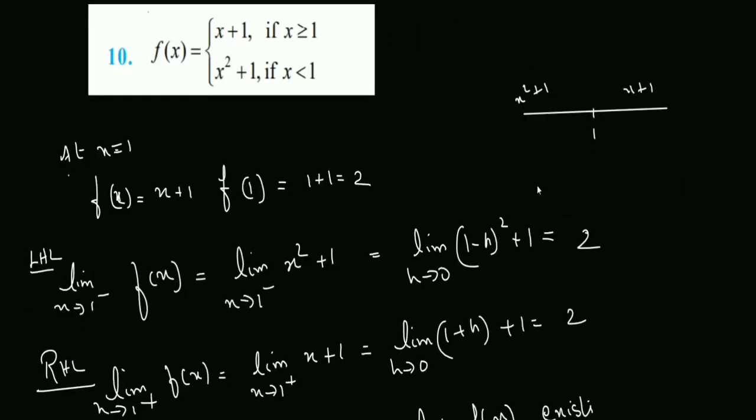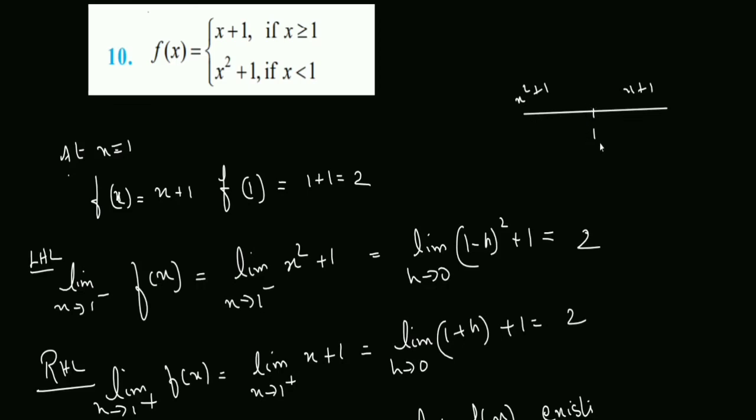Now question number 10. f of x is equal to x plus 1 if x is greater than or equal to 1, and x square plus 1 if x is less than 1. So there are two different functions at 1. Right of 1 it is a linear function, left of 1 it is a polynomial.